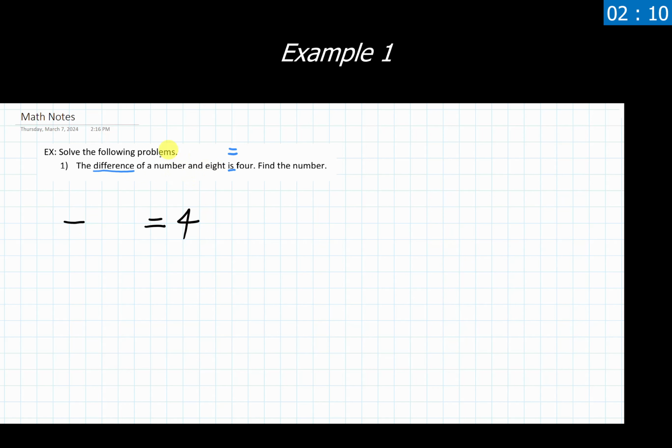So is this going to be the number minus 8, or is it going to be 8 minus our number? Well, if we take a look at the English to Algebra page that we previously were taking a look at, maybe you screenshotted it or wrote some of those down. In the subtraction section, we have it written out as the difference between x and 7. That's what's listed on the paper there.